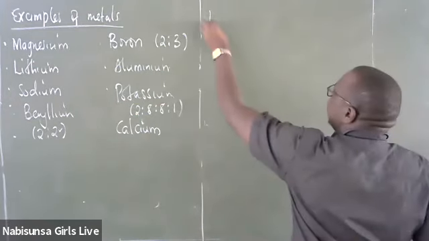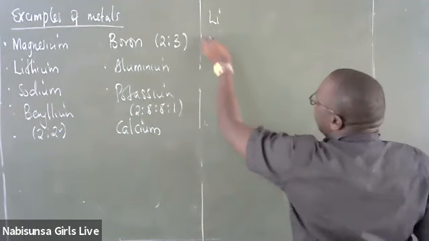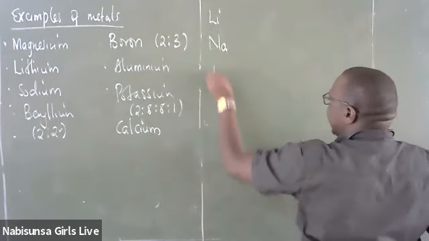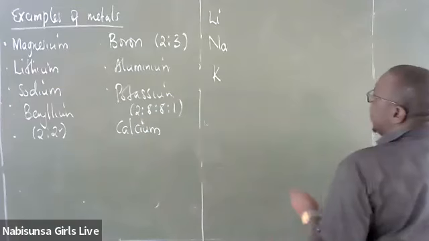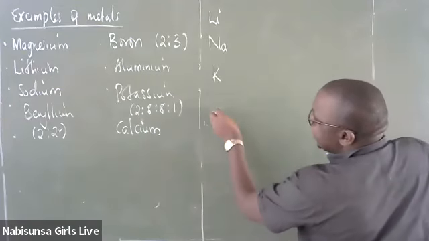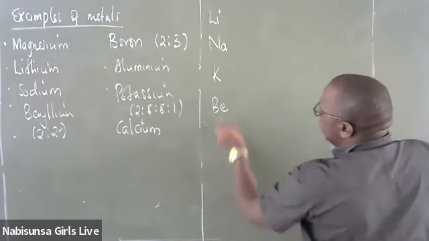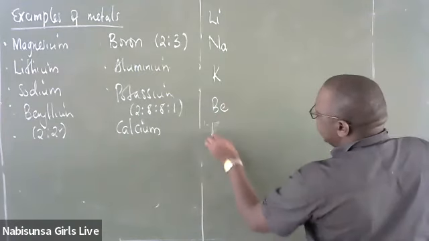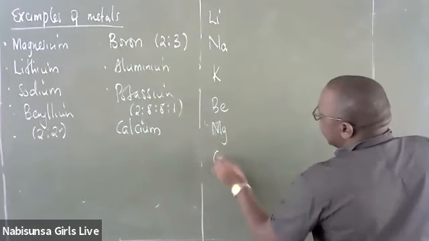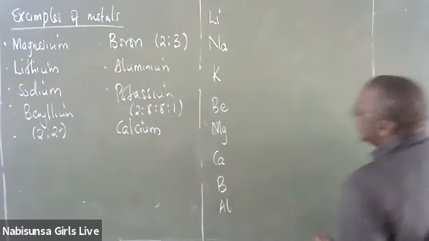We have lithium here, sodium, and potassium. And I'm going to have another group: beryllium here, then magnesium, and calcium. Then boron.